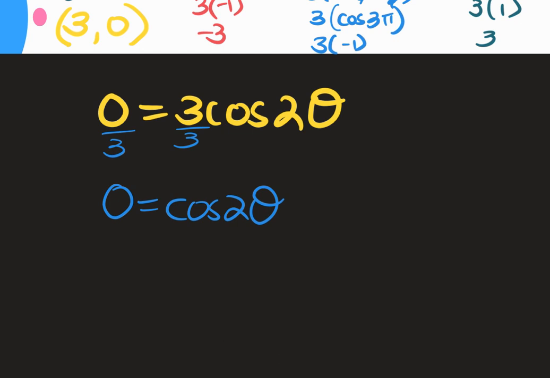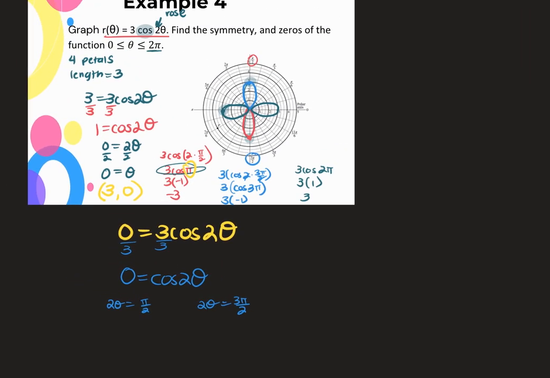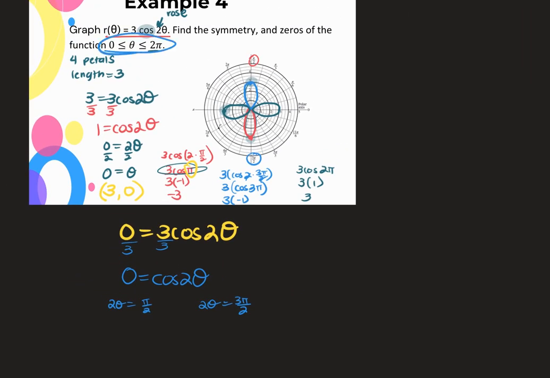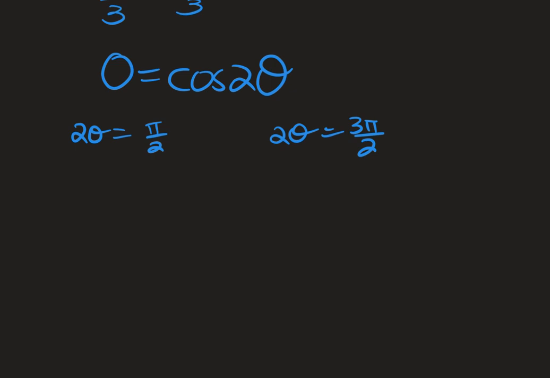Pi over 2 and 3 pi over 2. So 2 theta equals pi over 2, and 2 theta equals 3 pi over 2. Now it gave me an interval this time, so I'm not adding it on. I'm not done. Now I've got to divide by 2 or multiply by a half.